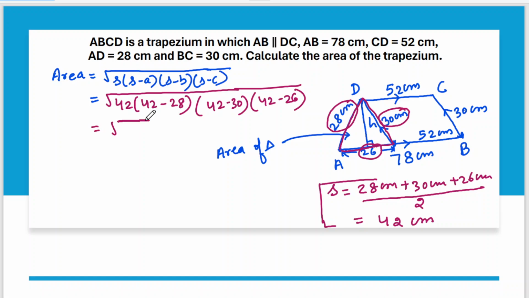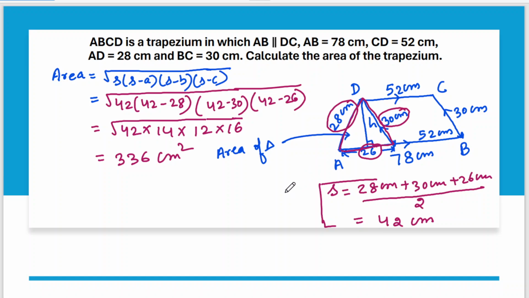If you calculate this, you will get 42 into 14 into 12 into 16. If you calculate this, you are going to get 336 centimeter square. Now we have got the area of this triangle.